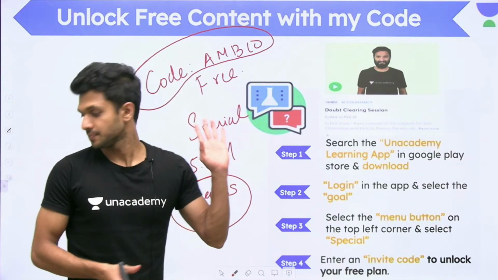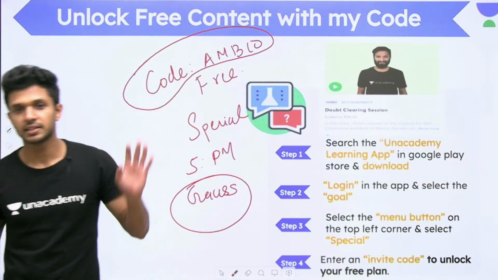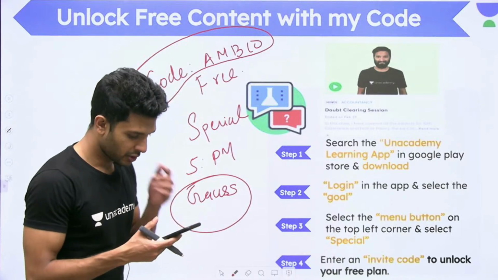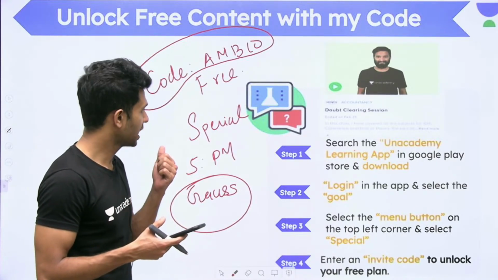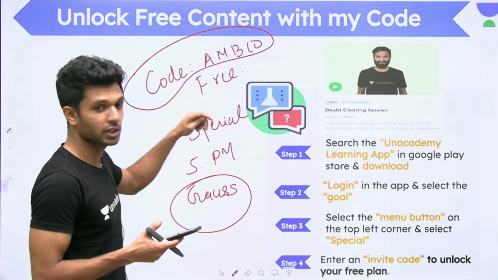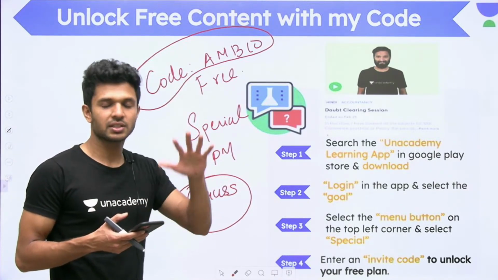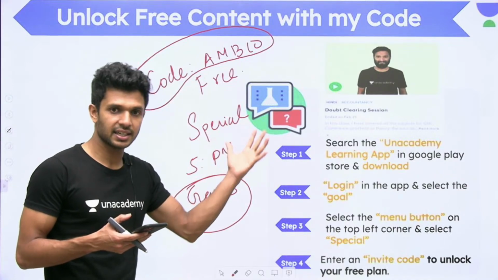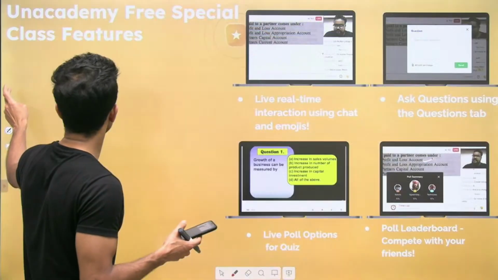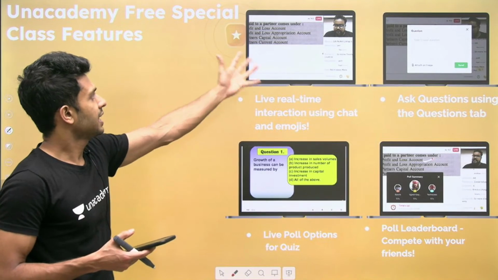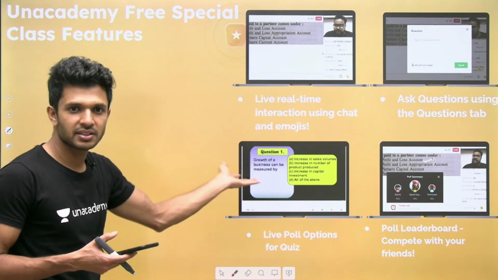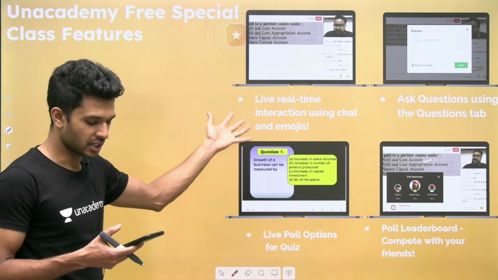How many of you are going to come? कौन आएगा कल? How many of you should I be expecting for tomorrow's class at 5 p.m. on Gauss law? Those who haven't subscribed to this particular class, जल्दी से कर ले, go and enroll right now. As you can see, it is going to be an amazing classroom, the special class on the Unacademy platform.